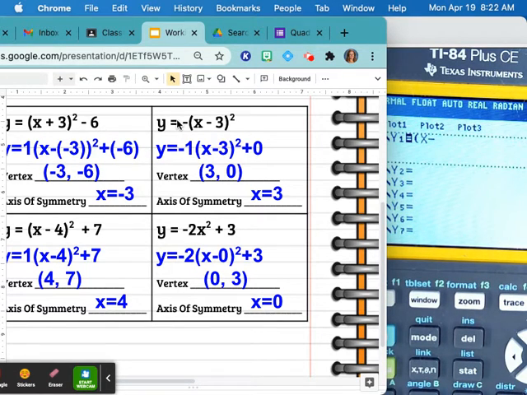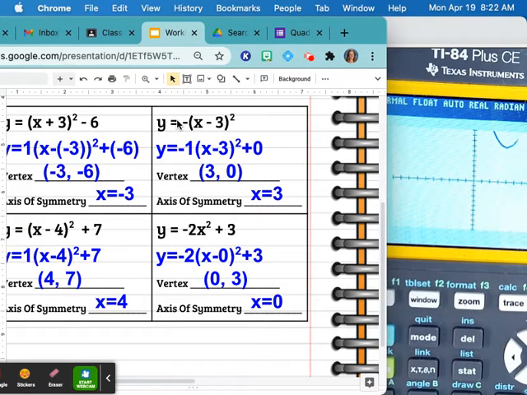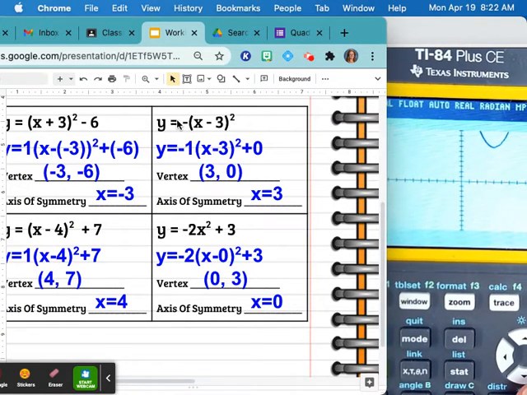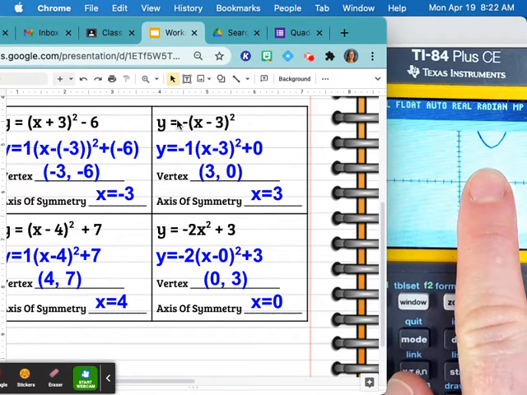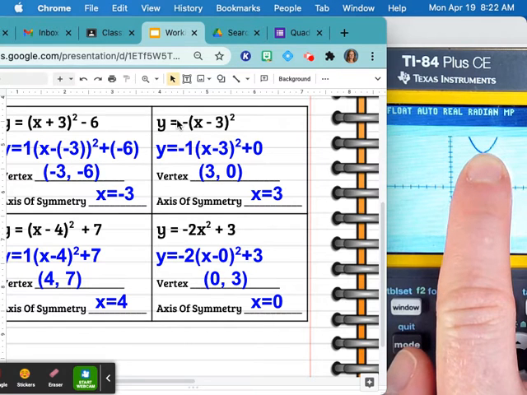X minus 4 squared plus 7. So whenever we have this one, we can hardly see it. We could zoom out if we wanted, but really we just want to know that value. Is that a minimum or a maximum?